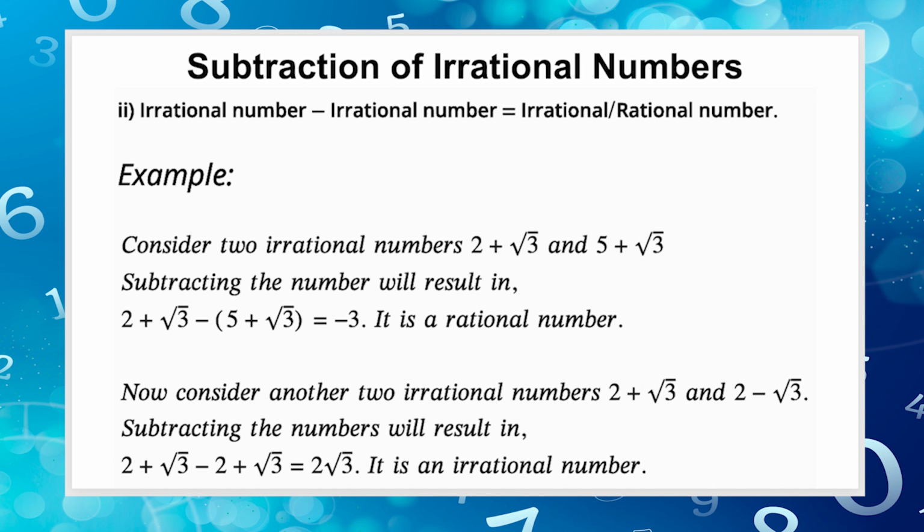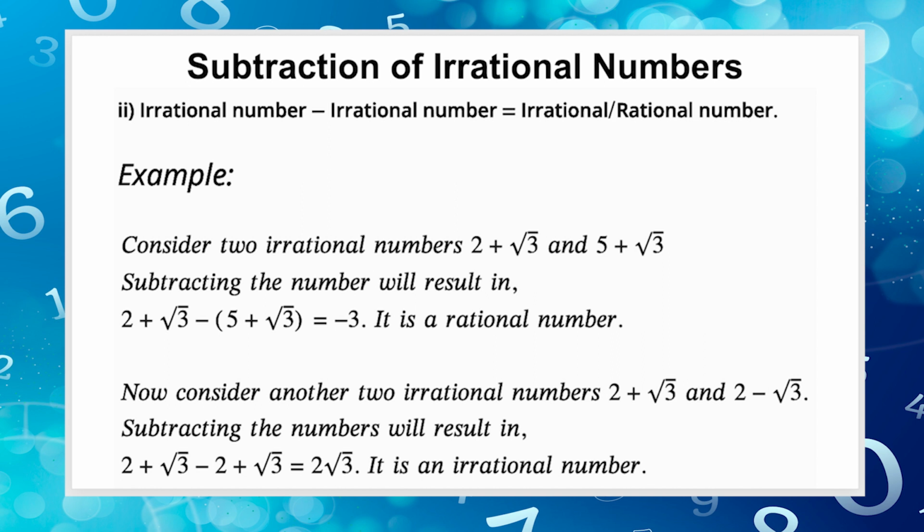2 plus root 3 minus bracket starts 5 plus root 3 bracket close gives us minus 3. It is a rational number. Let us consider another example. 2 plus root 3 minus 2 plus root 3 gives us 2 root 3.